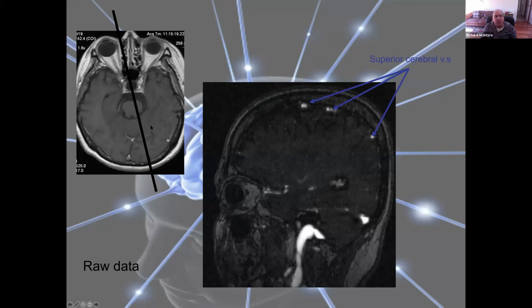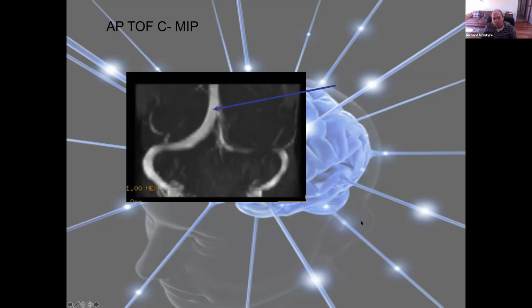So if we have a look at a slice that's off center through the brain, we can see these little cerebral veins. Okay, and that's all because blood's flowing through them. All right, and the same here, obviously. Front to back.